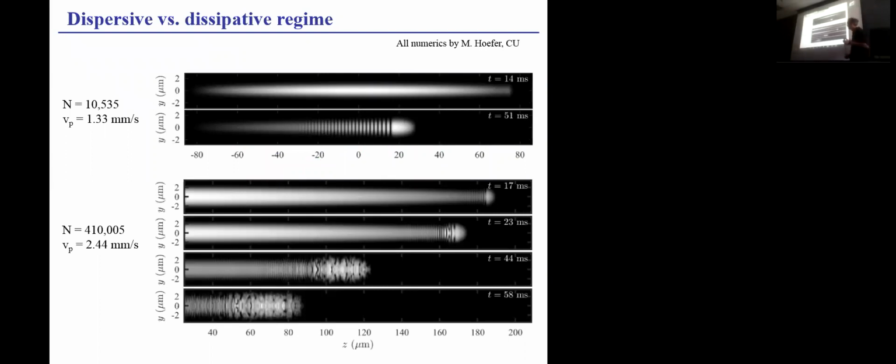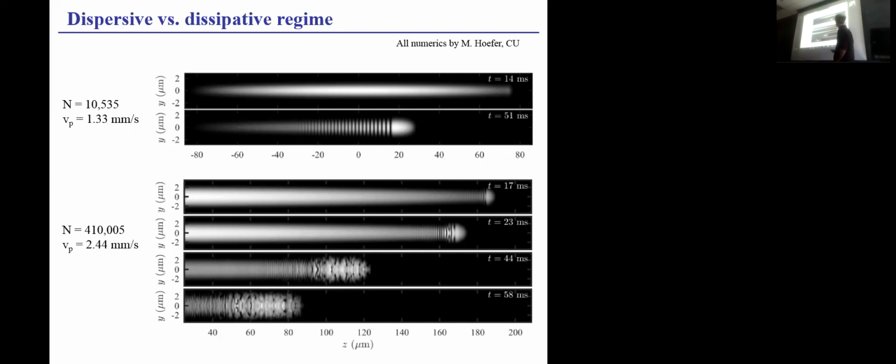The question is answered by what regime you are actually in when you perform these experiments. Over here we have numerics for a low number of atoms, that's 10,000. As the piston moves through the BEC, this is numerics from Mark, we can indeed see these interesting DSW structures form. If you repeat the experiment with a much larger atom number, like 400,000 atoms, the piston speed is higher here because the speed of sound is also higher when you have more atoms in there.